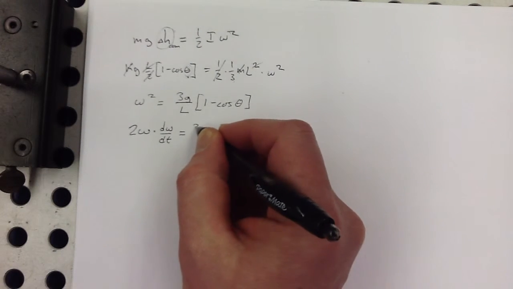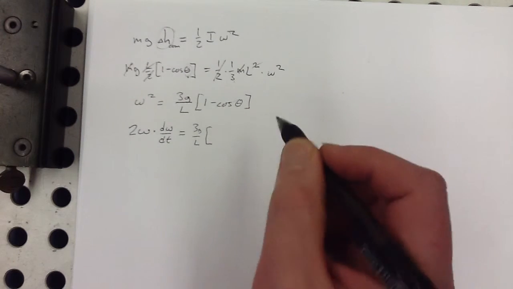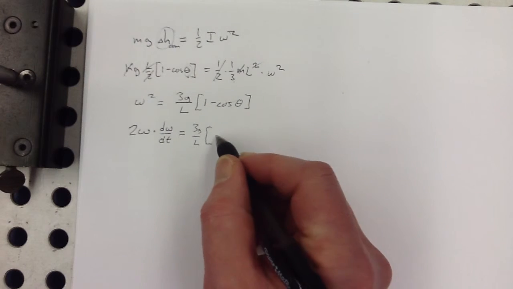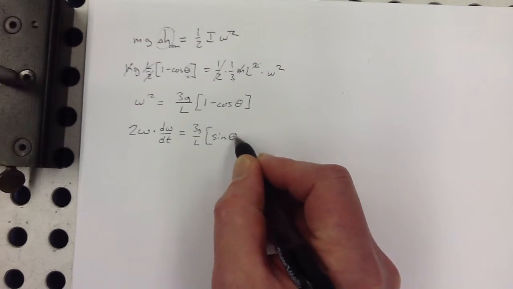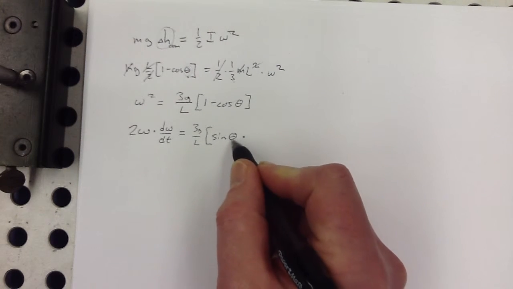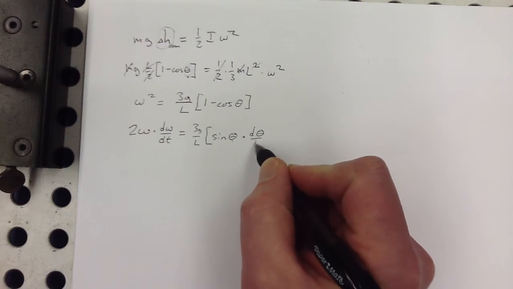3g over L is a constant, times the derivative of this expression. The derivative of 1 is 0. The derivative of negative cosine is positive sine theta. Times, we took the derivative of a variable. This is changing, the theta. So the derivative of that would be d theta dt.